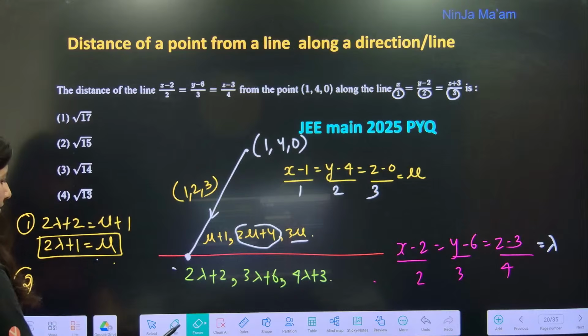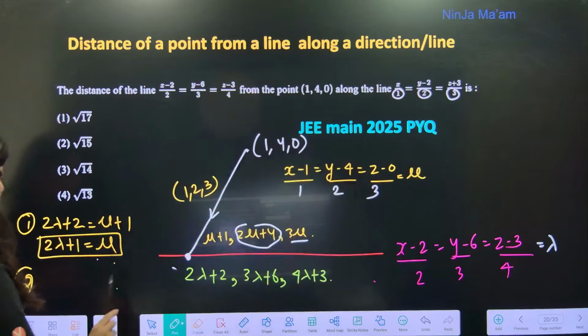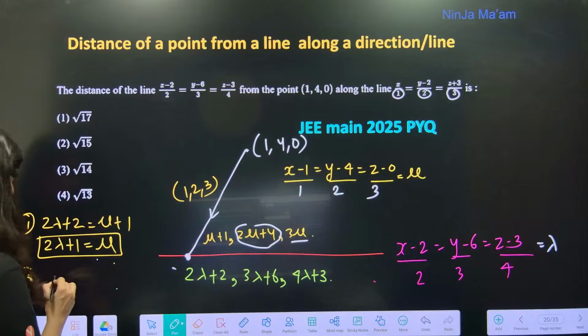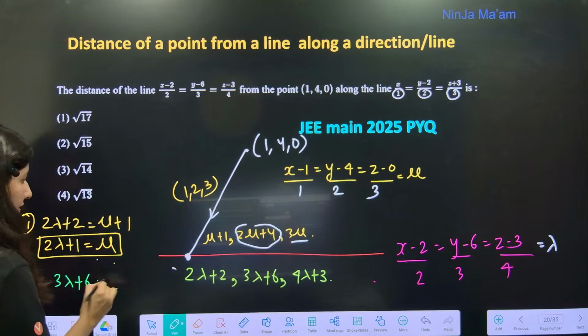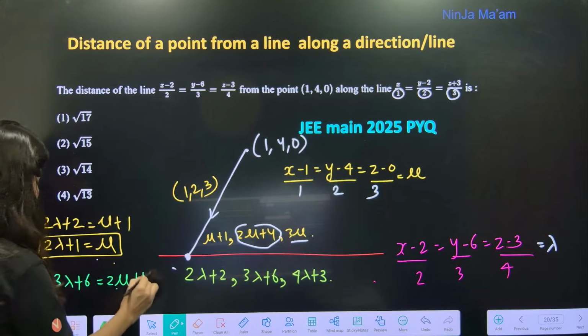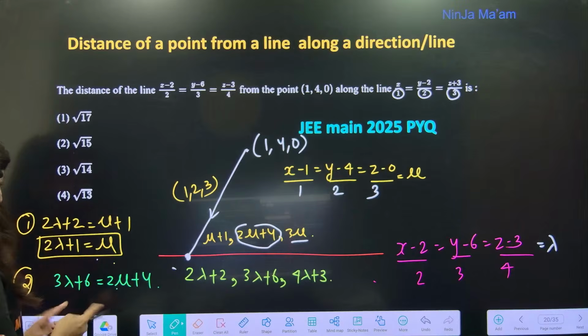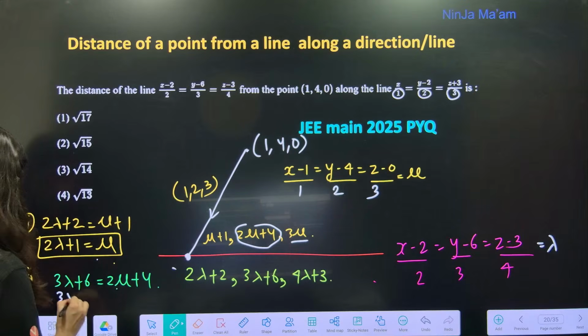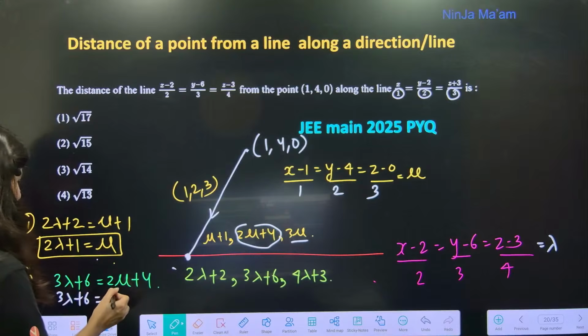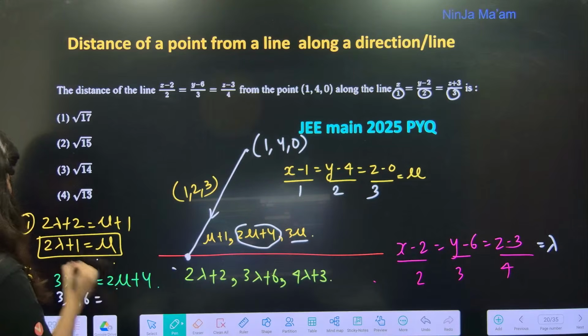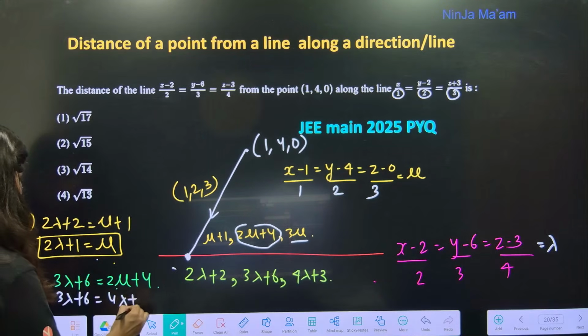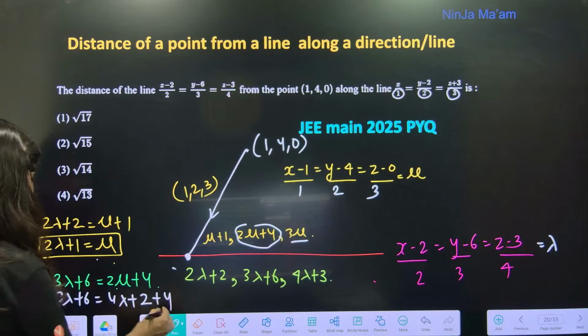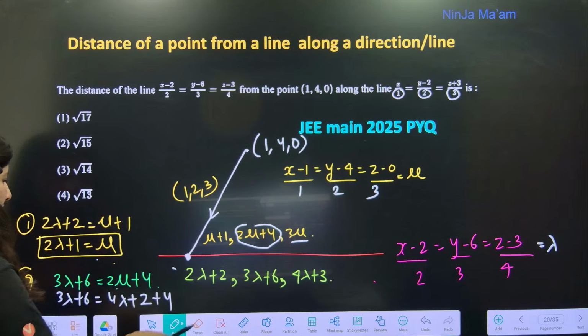Sorry, am I making some mistake? Can you point it out? Second, 3 lambda plus 6 is equal to 2 mu plus 4. Now if you put the value of mu, 2 mu will be 4 lambda plus 2 plus 4. 6 cancels. Lambda is coming out as 0.